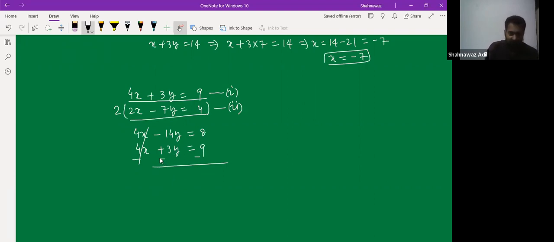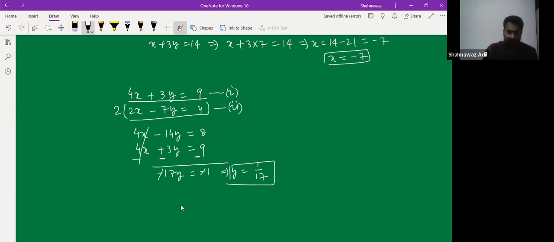Always remember this is now the sign of this part. So minus 17y, and 8 minus 9 is how much? Minus 1. So minus, minus cancel. You have y is 1 by 17.